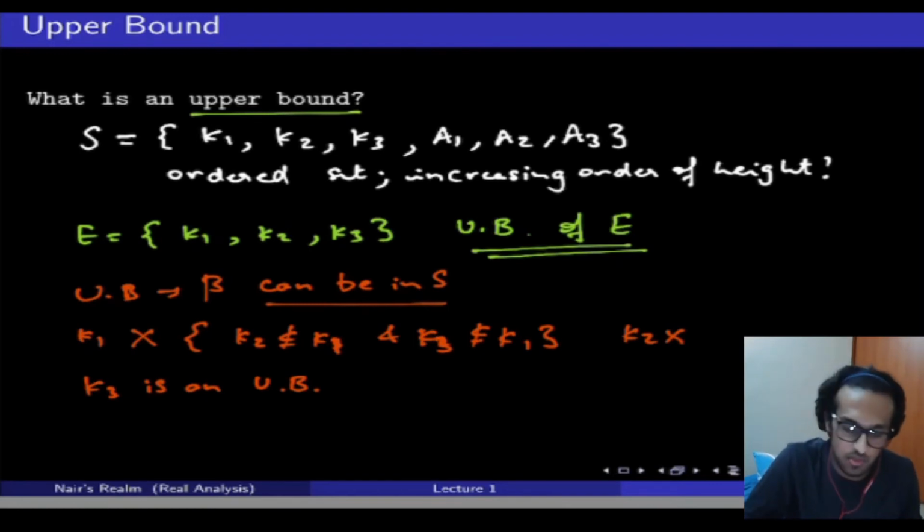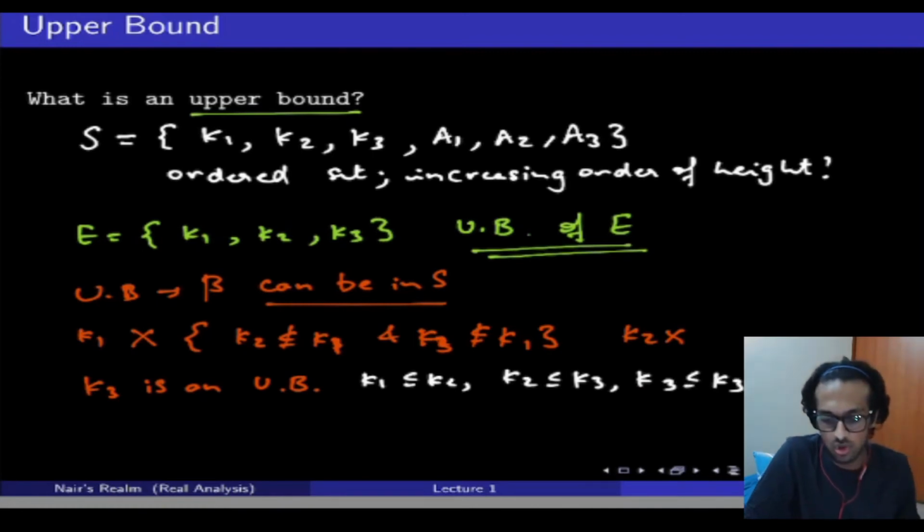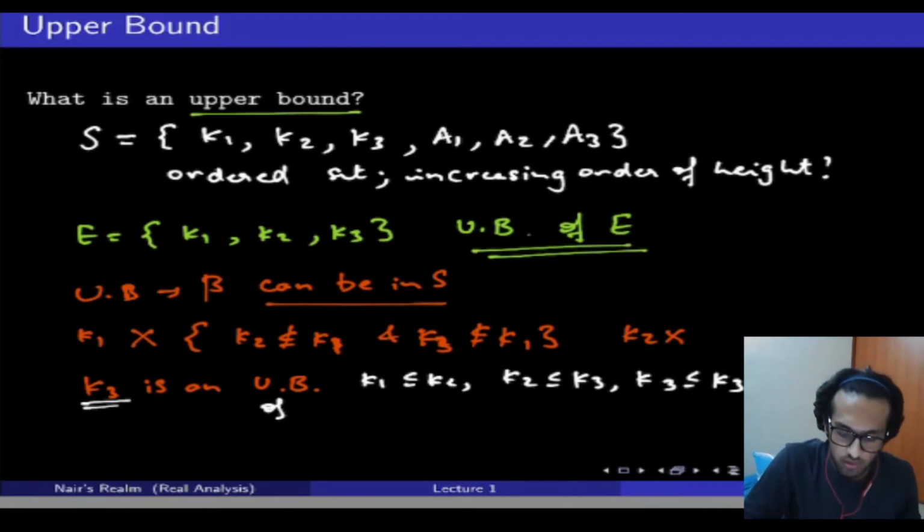And why is K3 an upper bound? Because we can see that K1 is less than or equal to K3, K2 is less than or equal to K3, and K3 is less than or equal to K3. So K3 is an upper bound of E. I hope that's clear to everybody.